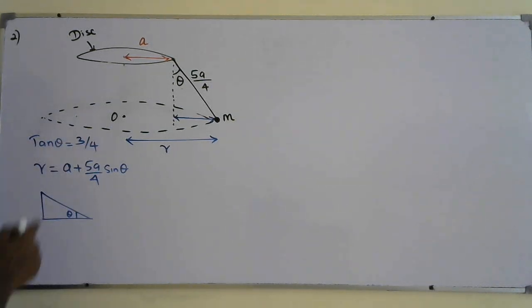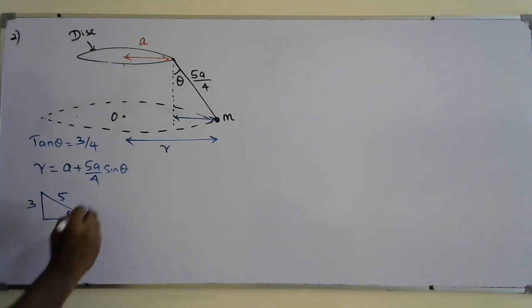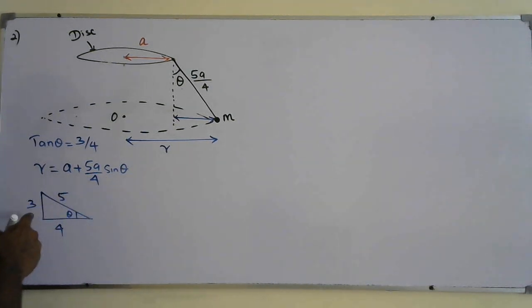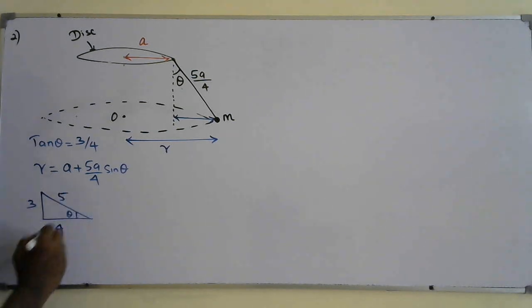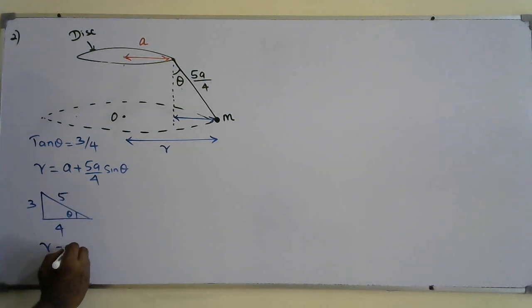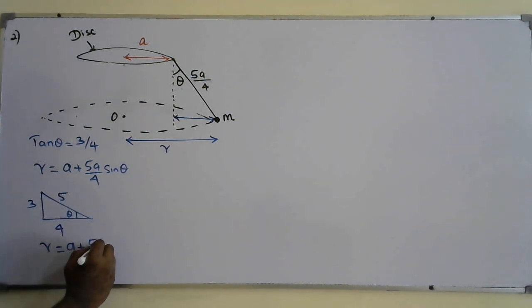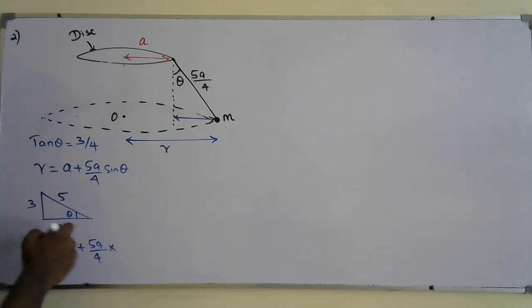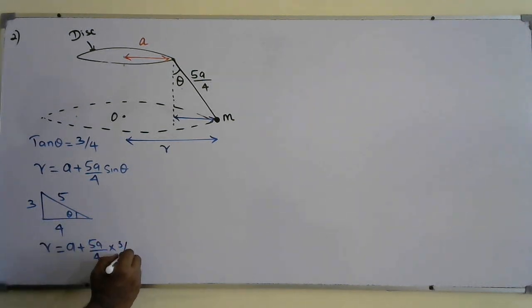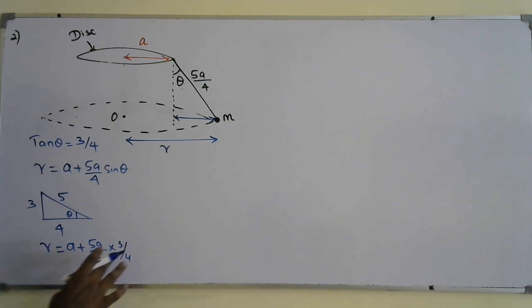Tan theta 3 by 4 means opposite over adjacent. So this is Pythagoras theorem, use 3 squared plus 4 squared, 25, square root of that is 5. So sin theta equals 3 by 5. So from that we can find R is equal to a plus 5a by 4 times sin theta, 3 by 5.